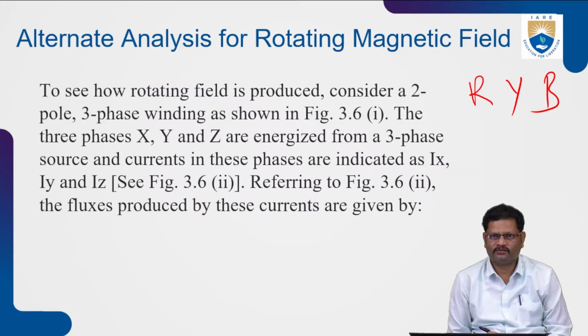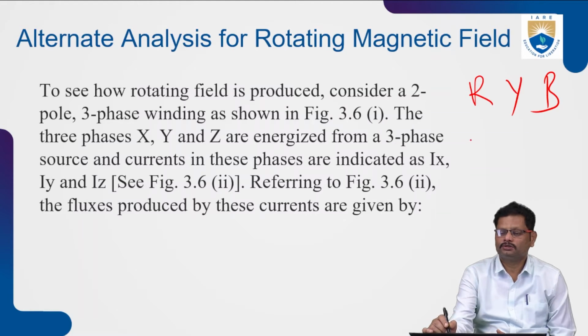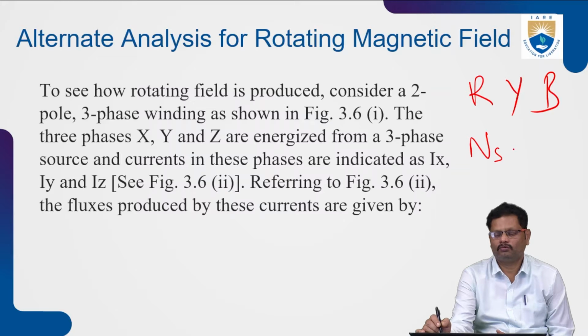Whenever a three-phase supply is given to the induction motor winding, a rotating magnetic field is produced at constant flux of 1.5 times phi m, and the rotating magnetic field rotates at synchronous speed. So the speed is equal to 120 f by P.